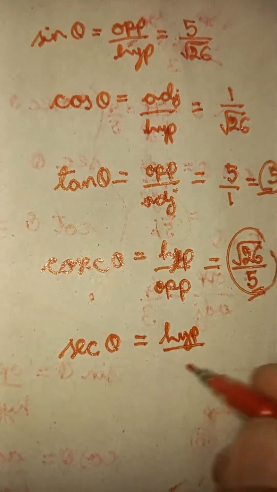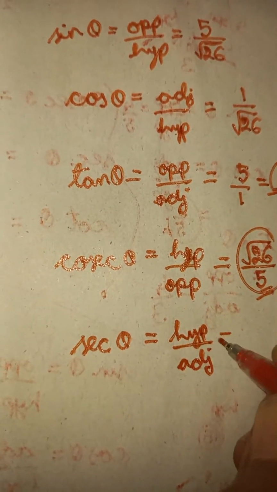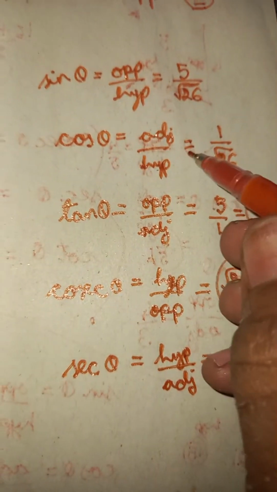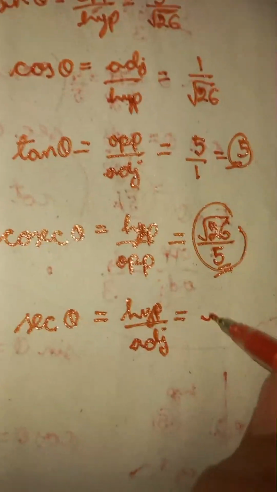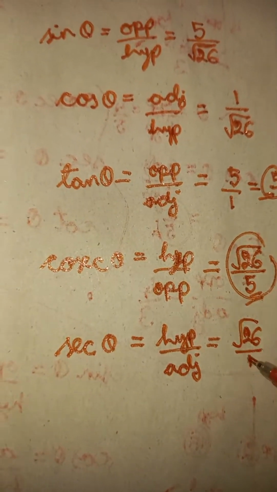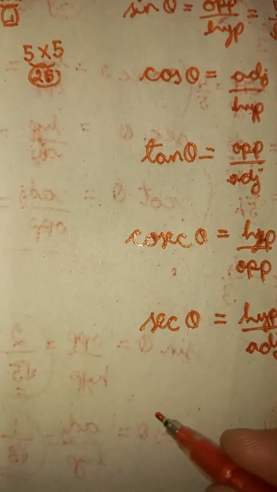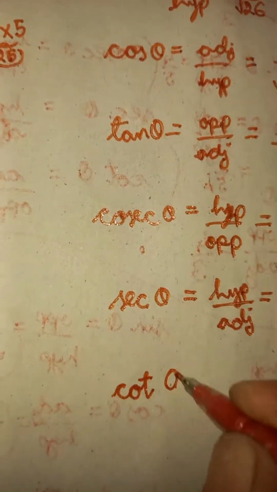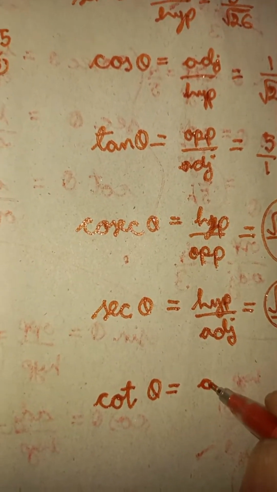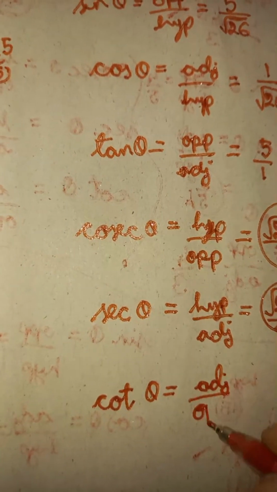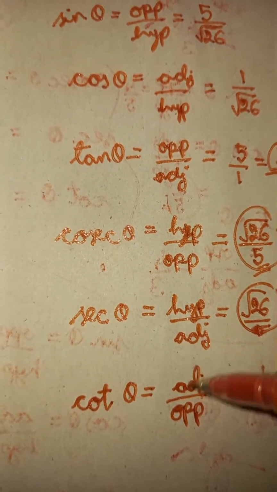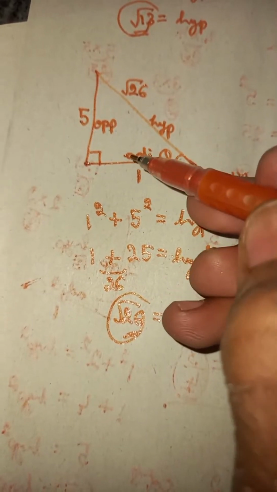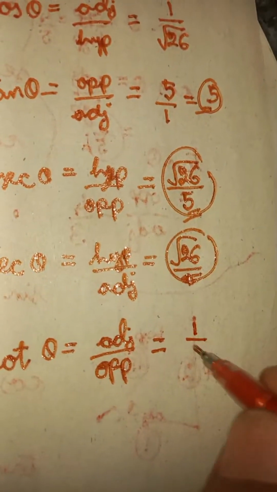So you're going to get hypotenuse by adjacent, root 26 by 1, or it is just root 26. Now cot theta is equal to adjacent by opposite; in tan theta it is opposite by adjacent, so it is upside down, adjacent by opposite. Here this is 1 by 5.